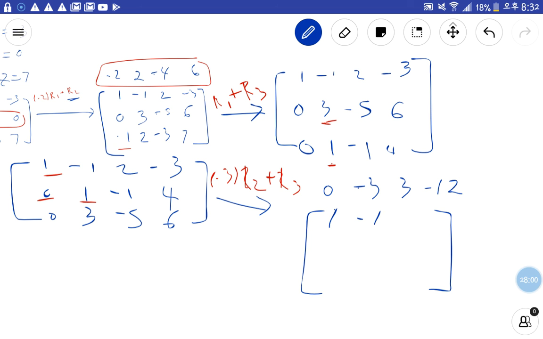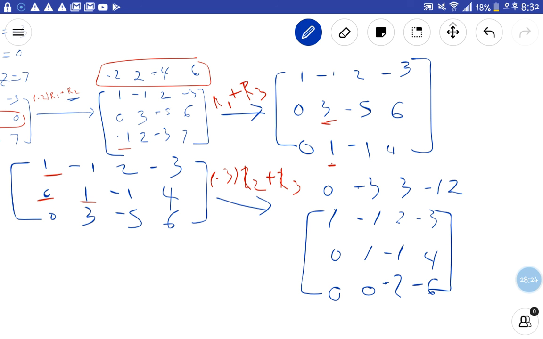Keep my first one. Keep my second one. Now, I'm going to add 0 and 0. That would be 0. Negative 3 and 3, that would be 0. Negative 5 plus 3, that would be negative 2. 6 plus negative 12 will be negative 6.